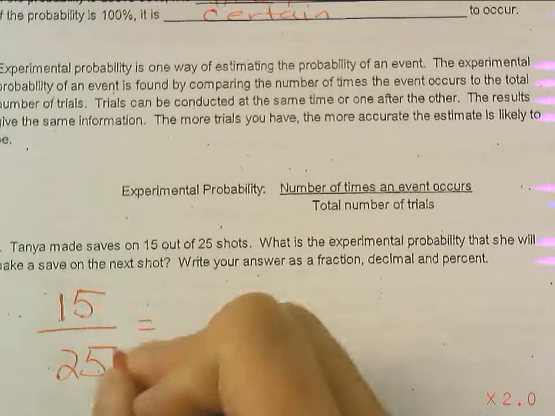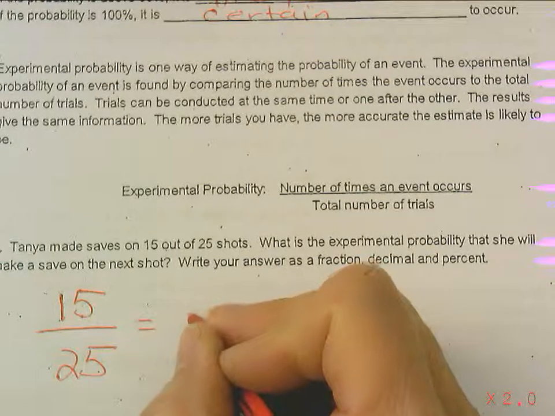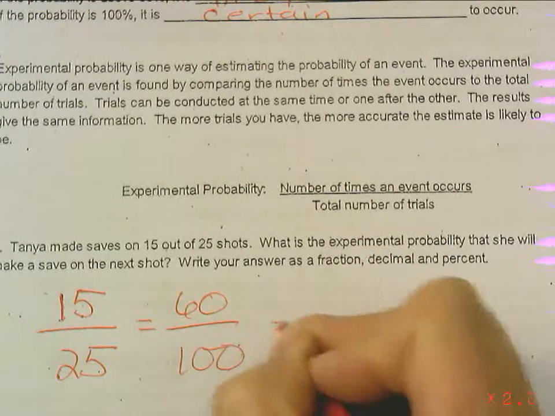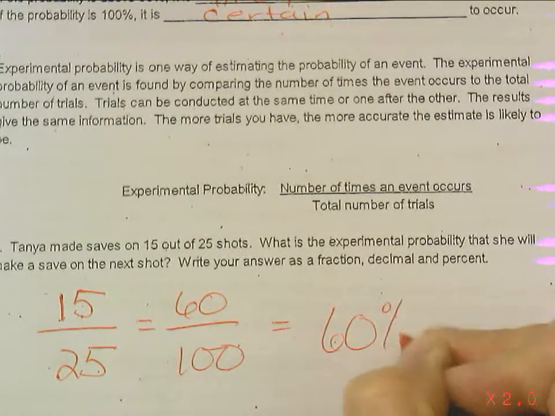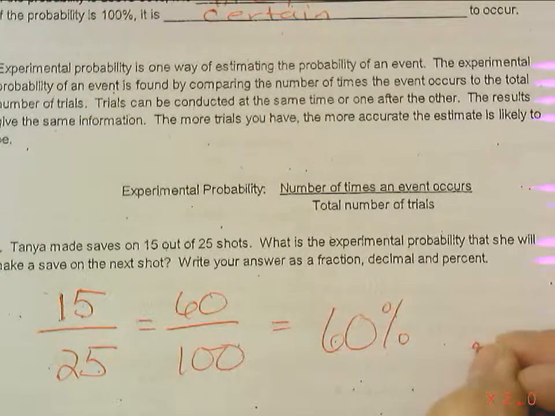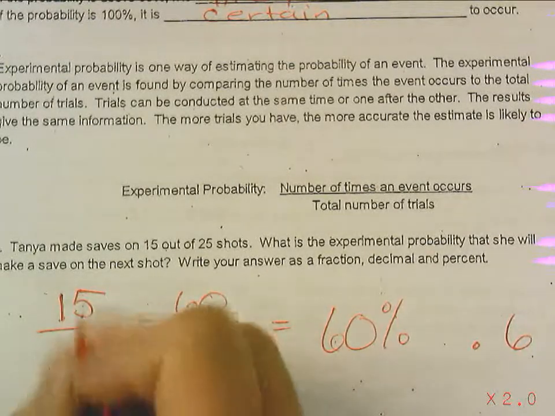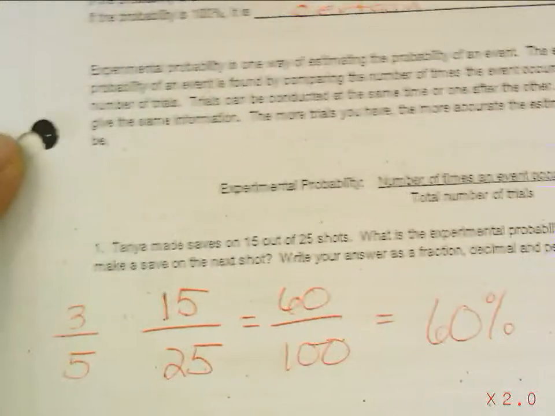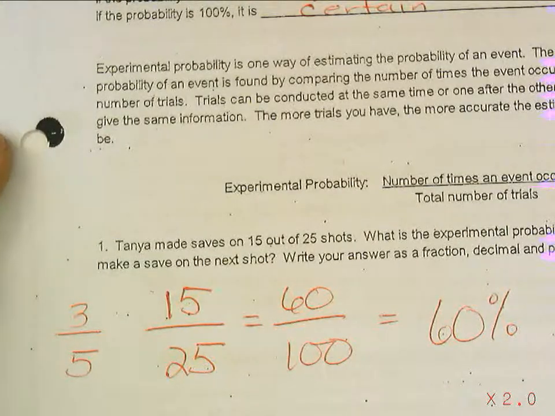Now, that we can also write as 60 over 100, which is 60%. Or 0.6, or we could simplify this to 3/5. Okay? Now, number 2.